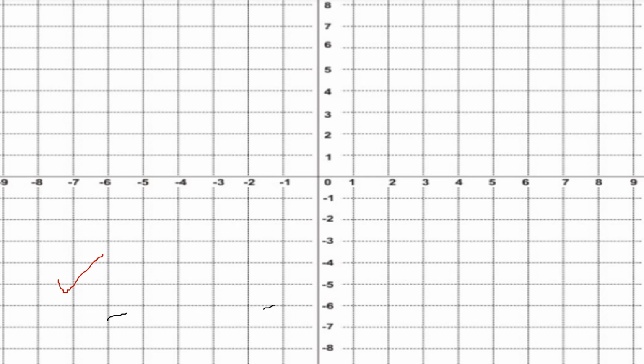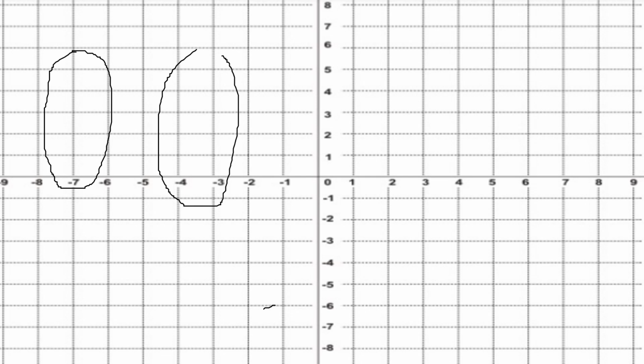Now I will show you the graph of f of x and f inverse of x. When I put in 1, I get 1 plus 2, which is 3, because the function is f of x is x plus 2. If I put in 2, I get 4.